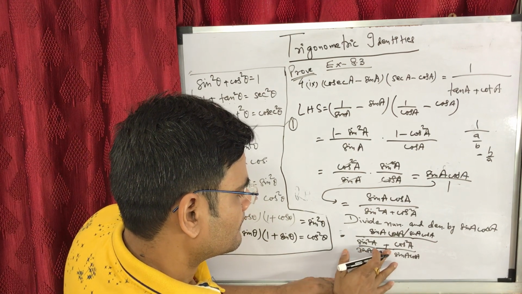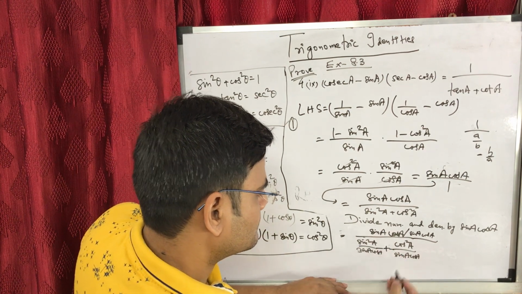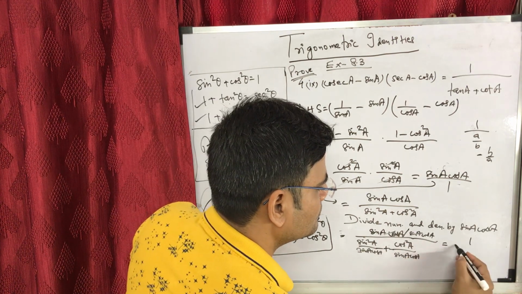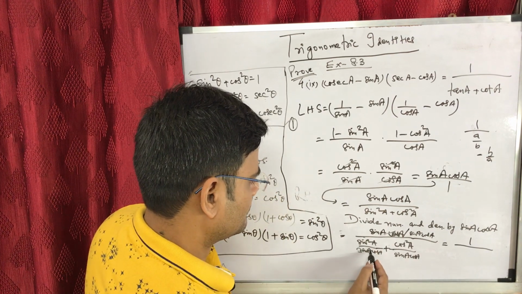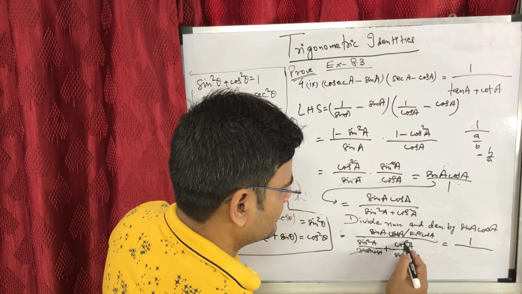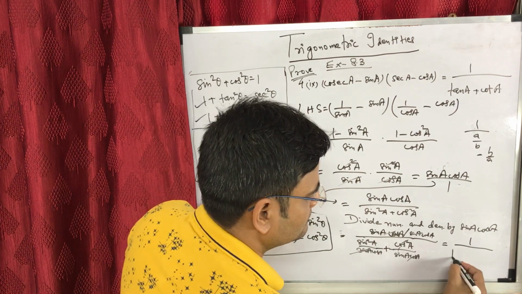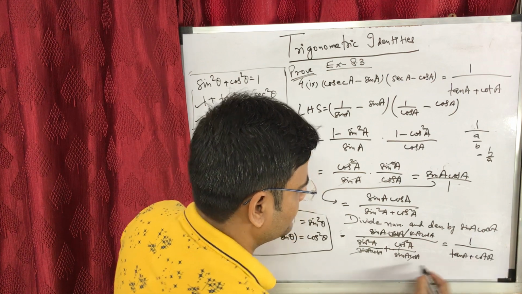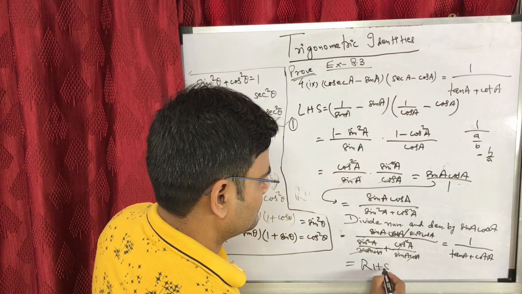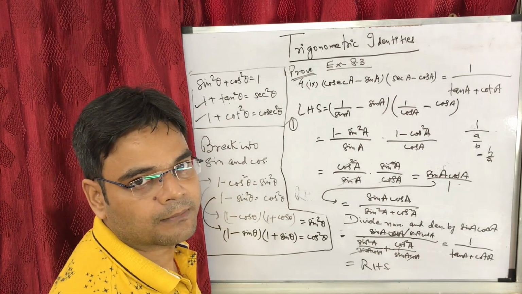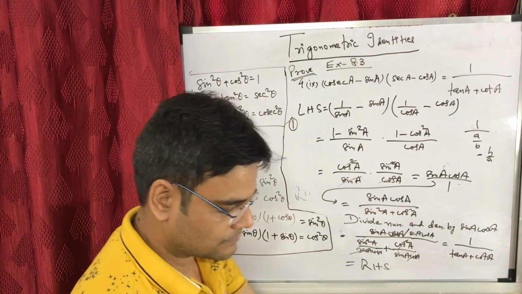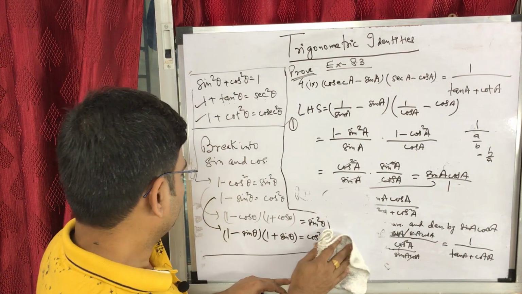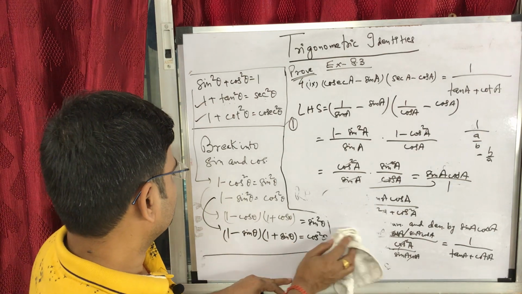When you separate, it becomes plus like this, and this gets cancelled. You are left with 1 in the numerator, and in the denominator you are left with sin A by cos A and cos A by sin A. So sin A by cos A is tan A, and cos A by sin A is cot A. That is equal to RHS. This is another way of doing this. Hope I am clear. Let's move on to the last one. I am rubbing all this. I think you are clear with all this.